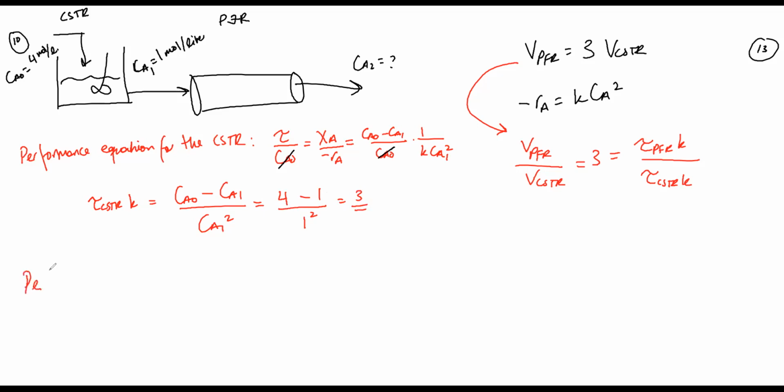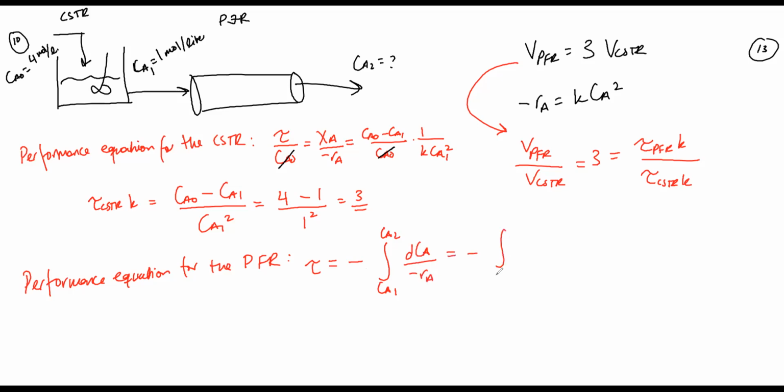Okay, let's do the same for the PFR performance equation. If you recall, tau is equal to minus the integral from CA1 to CA2, because the inlet is CA1 and the outlet is CA2, of dCA over minus RA, and this is minus the integral from CA1 to CA2 of 1 over K CA squared.